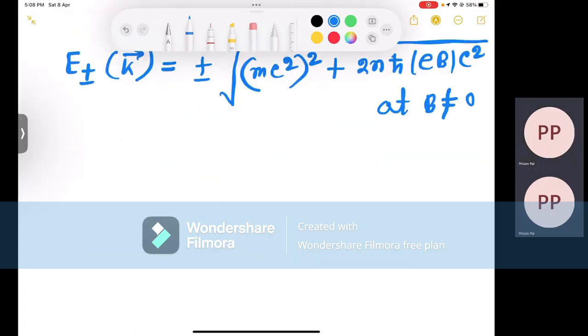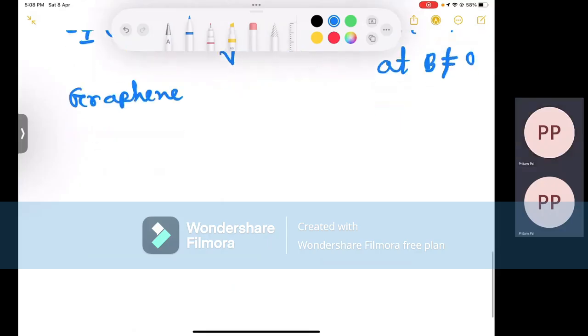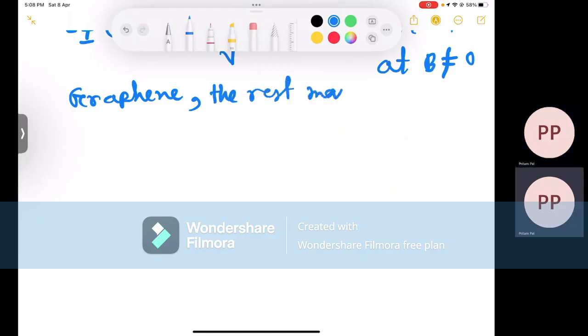So in graphene, what happens, the rest mass is 0. Okay, in graphene the rest mass is 0.